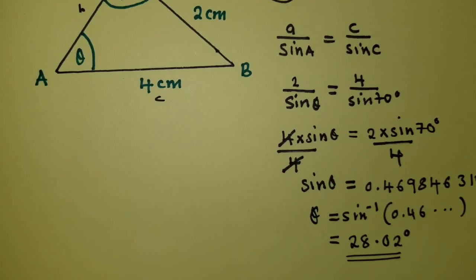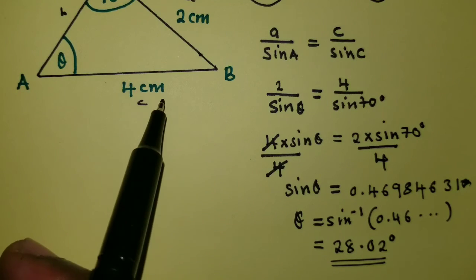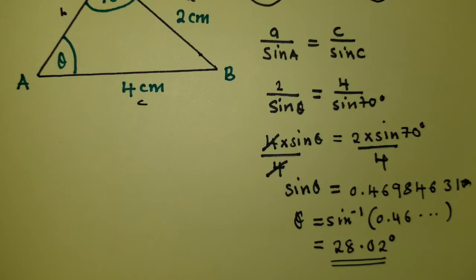Okay, so let's now go to example number 3. So for example number 1, we were finding an angle, and example number 2, it's an angle. Example number 3, we'll try and find the side so that we see how this formula works when finding the side.